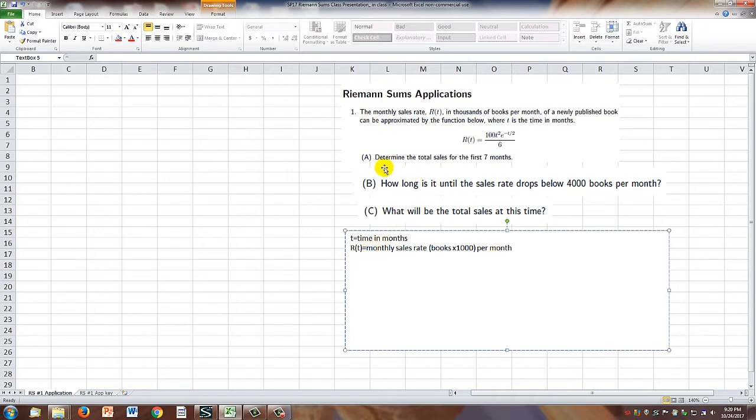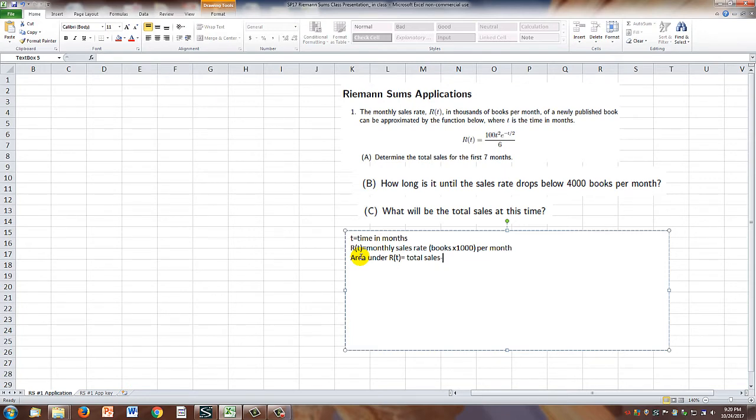So in question A it says determine the total sales for the first 7 months. So what we want to do is find the area under this curve. And so when we do that, we'll get a new function, and the area under the curve under R of T is equal to total sales, and that's going to be in books.